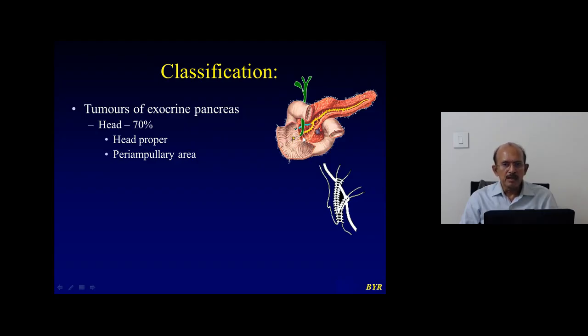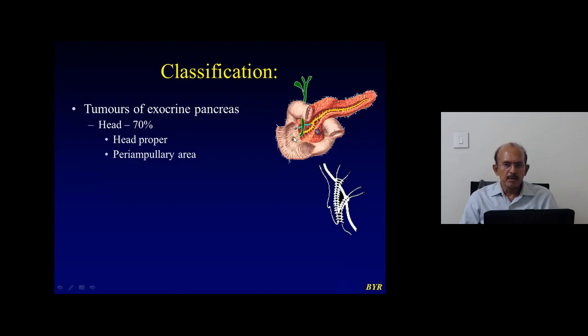The ampulla of Vater is situated at the confluence of the pancreatic duct with the bile duct. That will traverse through the duodenal wall and open onto the papilla of Vater. So it can arise in the ampulla or surrounding the ampulla. That is what is called a periampullary tumor.